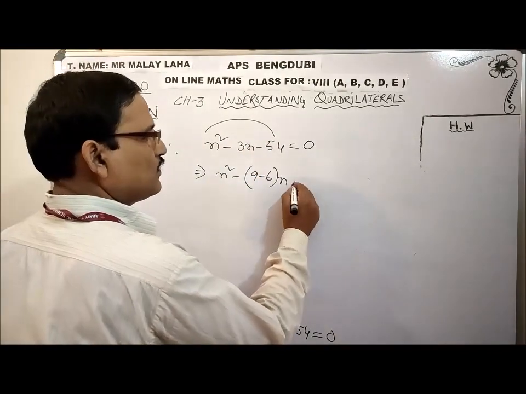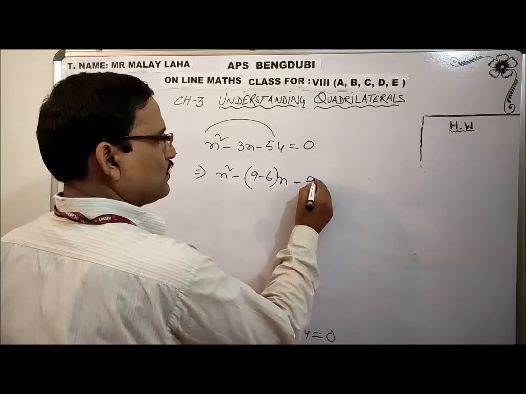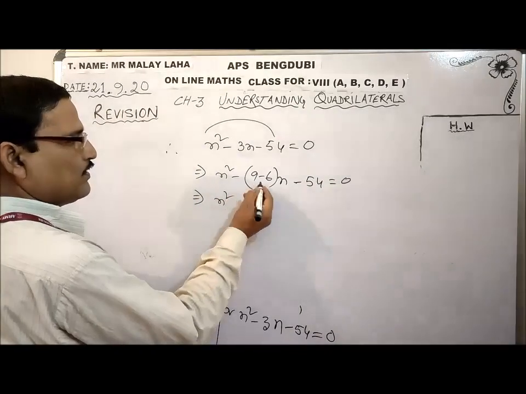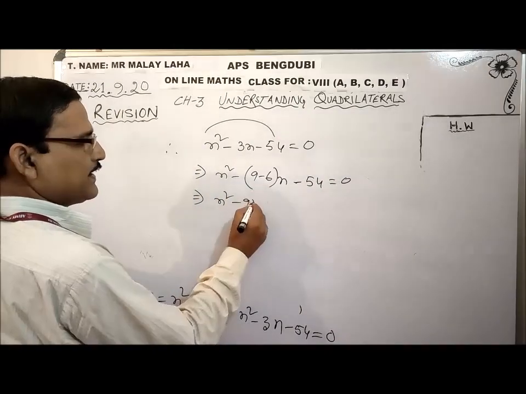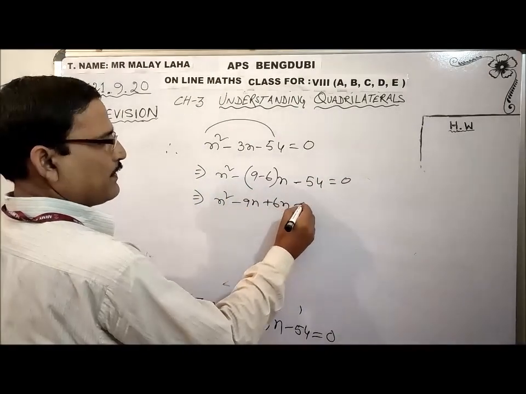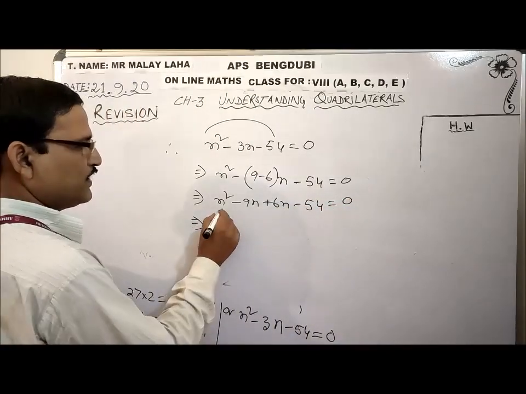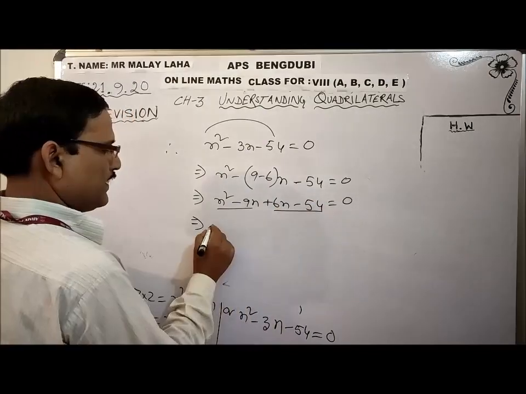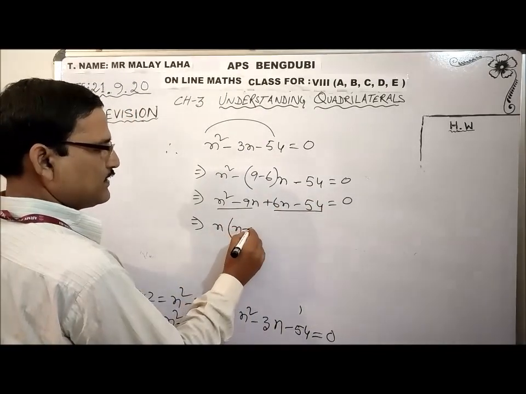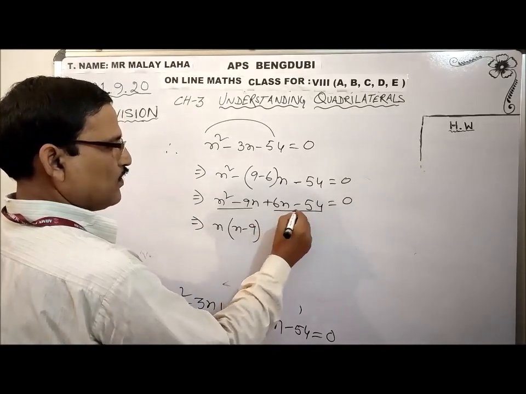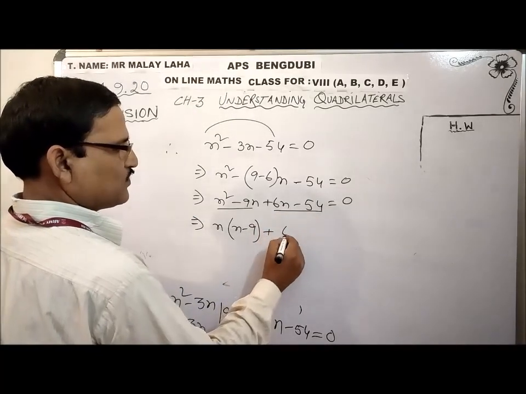So that equals 0, or n square, if we open the bracket, minus 9n plus 6n minus 54 equals 0. What is common here? n is common, then n minus 9 into what is common here? 6 is common.